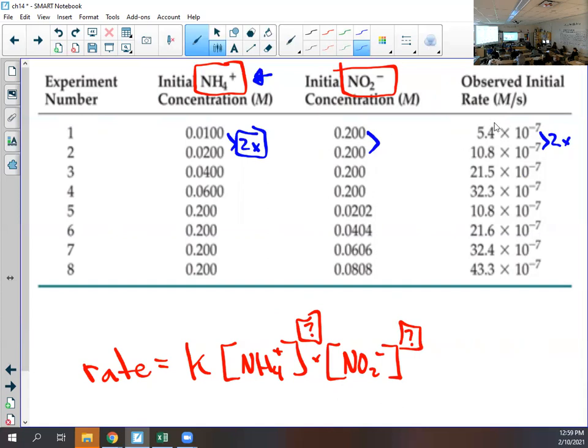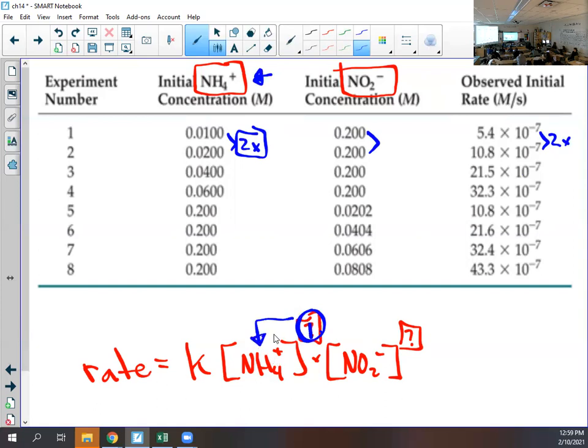So this would be a 1. All right. So it's the exponent of 1. And then would you do 0 for the next one because it doesn't change? No, not yet. Okay, so all I know so far is that this reaction is first order with respect to NH4.